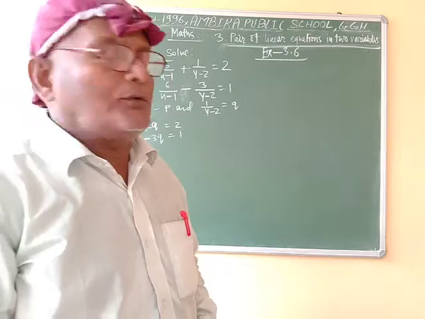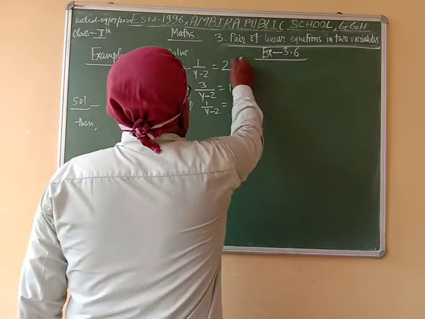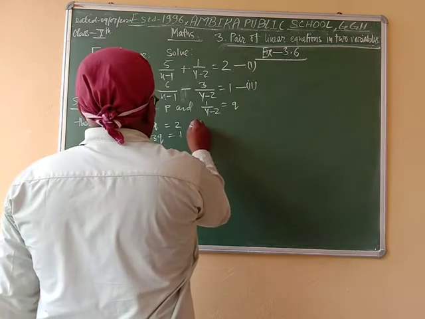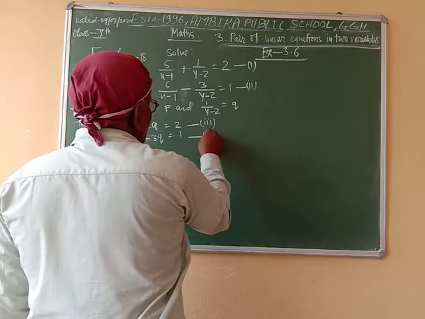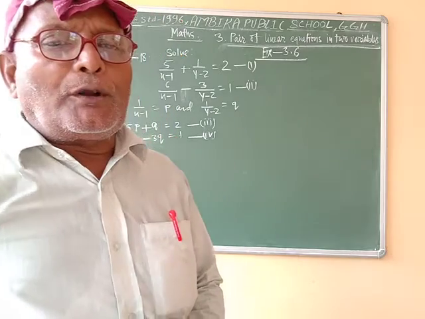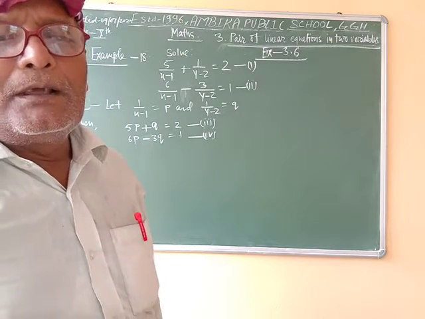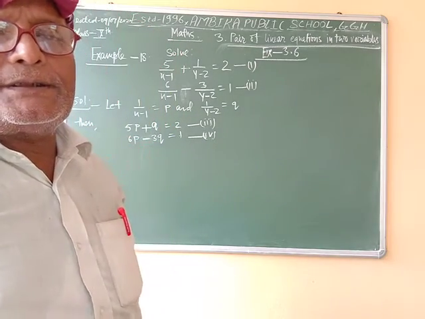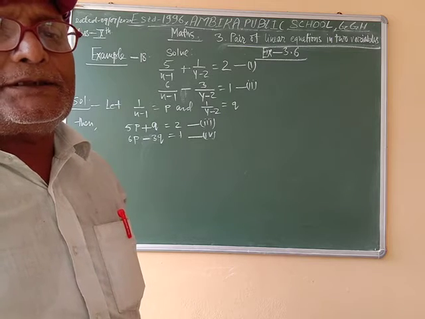Equations 3 and 4 form a pair of linear equations in the general form. Now you can use any method to solve these equations. We get p is equal to 1 by 3 and q is equal to 1 by 3.